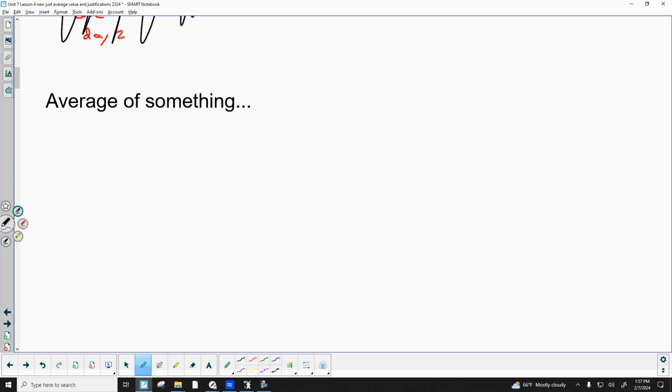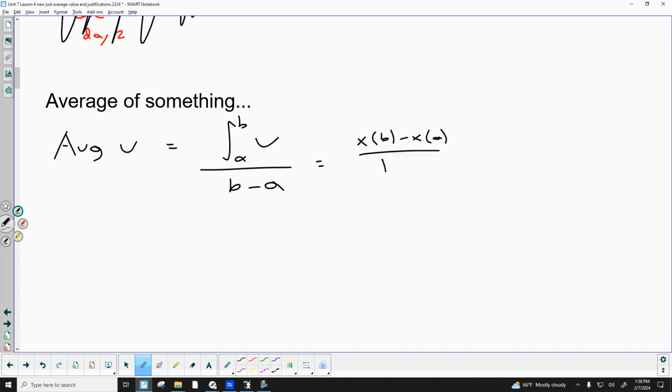For example, I told you that the average velocity is the same as the accumulation of velocity over your interval. We just said how that's the same as x of b minus x of a over b minus a. But we're just going to focus on this, and we could forget about this if we wanted to. We could just say, if you want to find the average of v, do this.